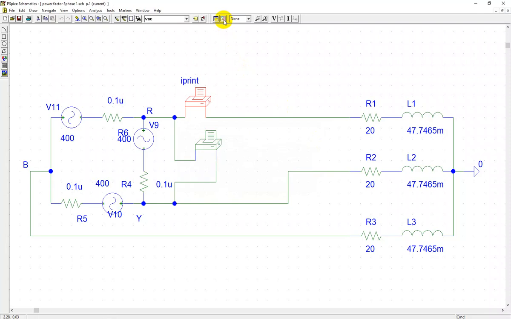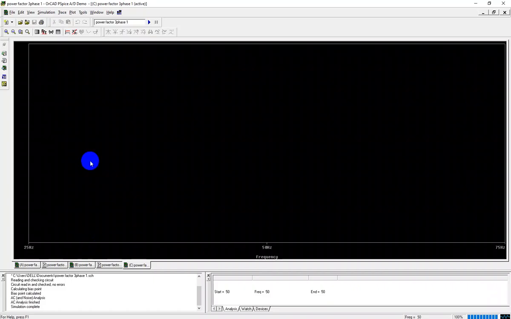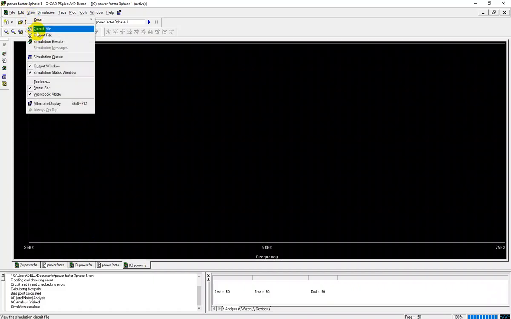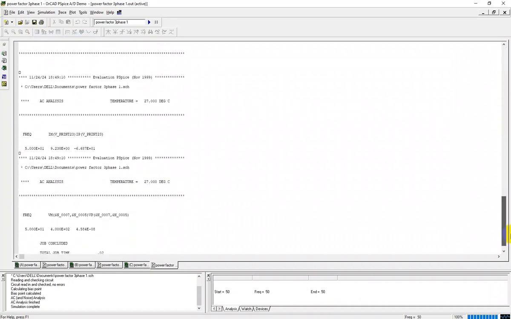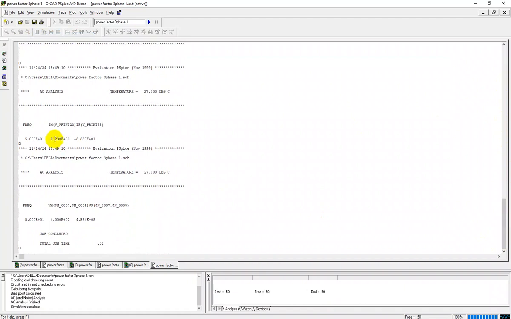So as we simulate, go to view, output file. Now this is the value of current that we got. Even for single phase it is same, it is 9.32. Now you can see here we are getting the angle before power factor correction is minus 66.87. So we are aware that between line and phase it deviates by 30 degrees.